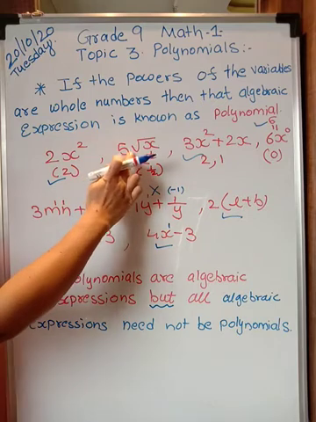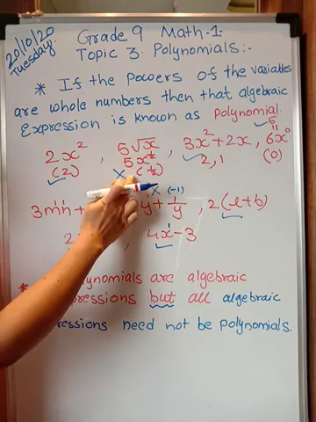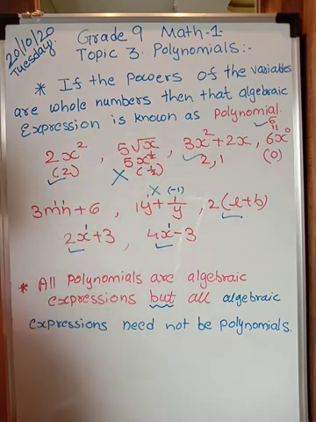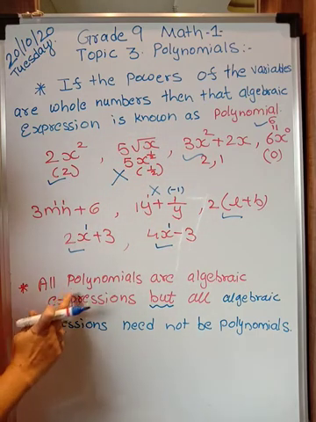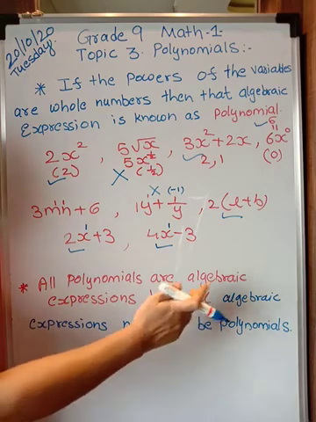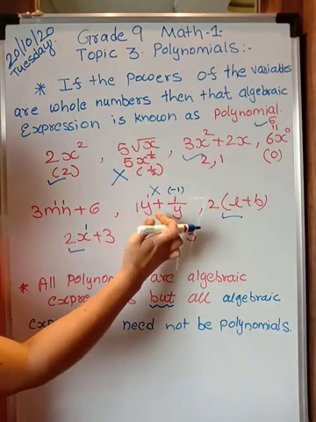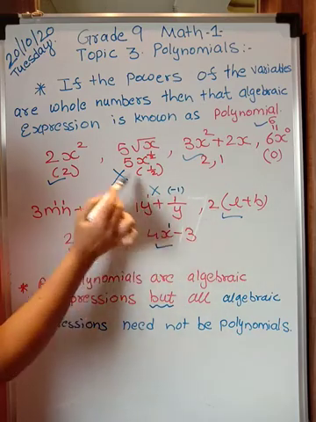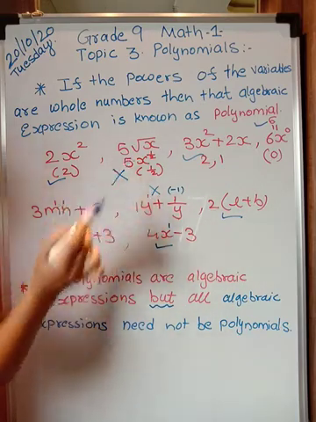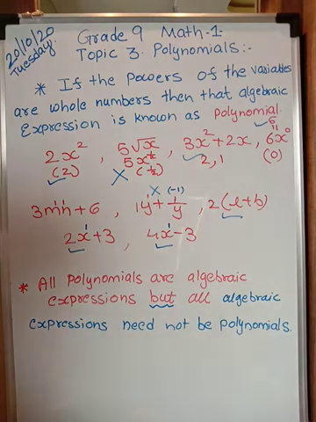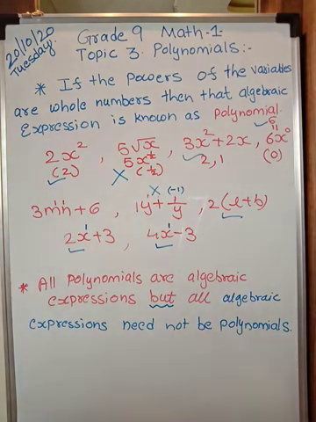Few algebraic expressions cannot be polynomials because the power of the variables need not be whole numbers, and therefore I have written all polynomials of course are algebraic expressions, but all algebraic expressions need not be polynomials. For example, this we have seen and these two. I hope this is clear, everybody. Alright. So let us move a little ahead.